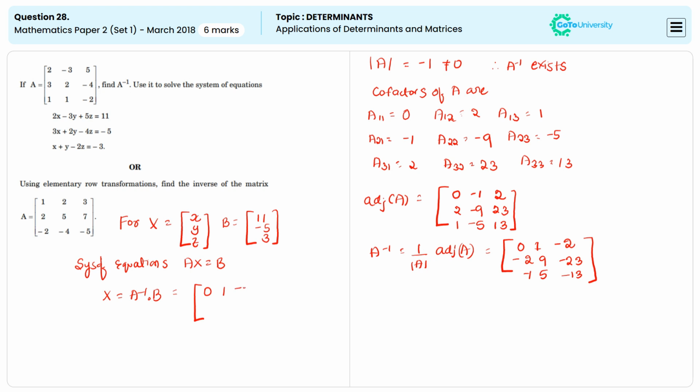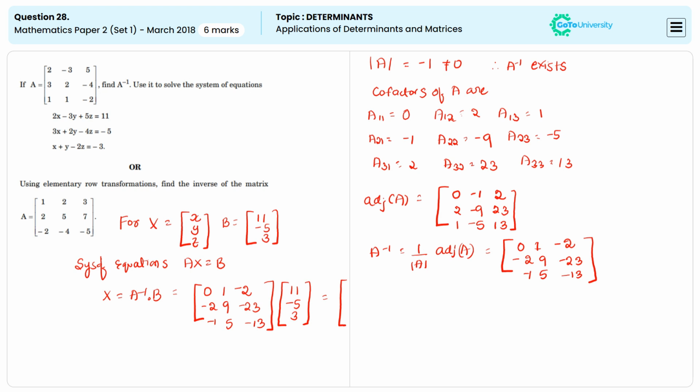We can use that directly. 0, 1, minus 2, and then minus 2, 9, minus 23, minus 1, 5, minus 13. All the values should be taken exactly as it is, or else we may end up making mistakes. And then B will be 11, minus 5, minus 3. And when you multiply this, you get a 3 cross 1 matrix.